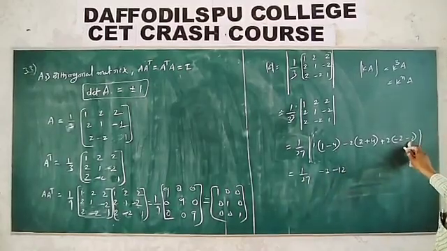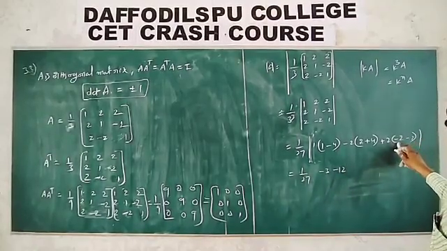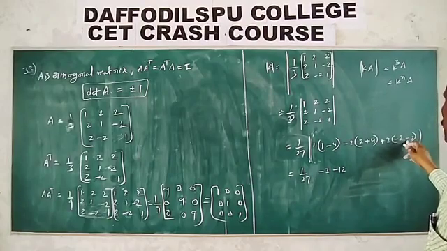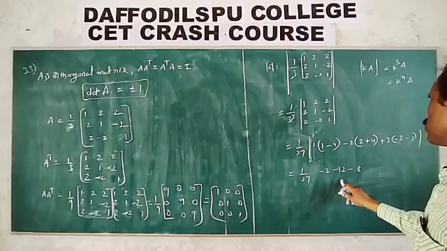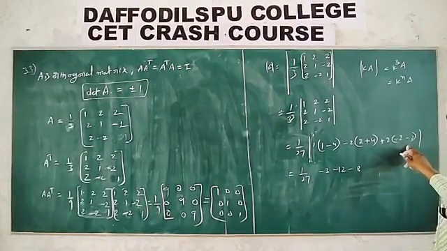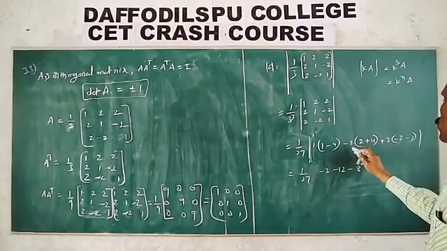This value, how much? Minus into minus, so minus minus minus 4, 4 2s are 8. 6 2s are 12.